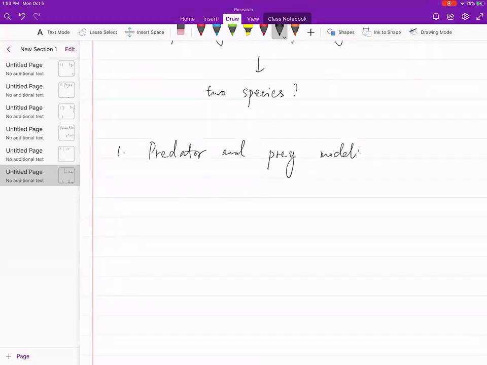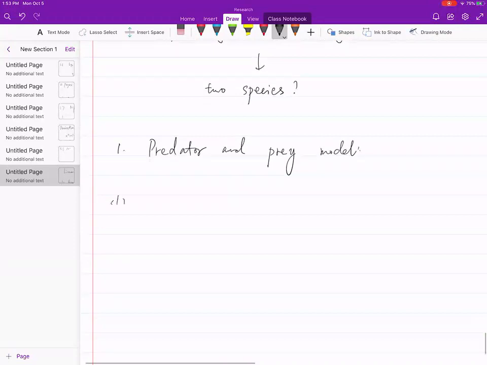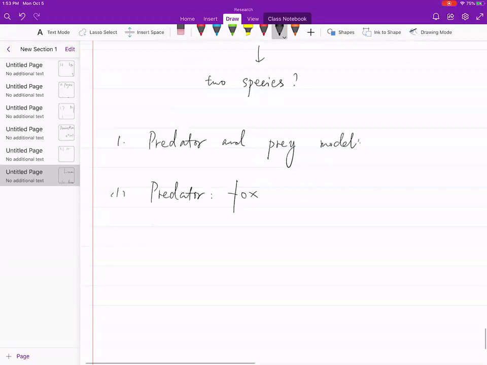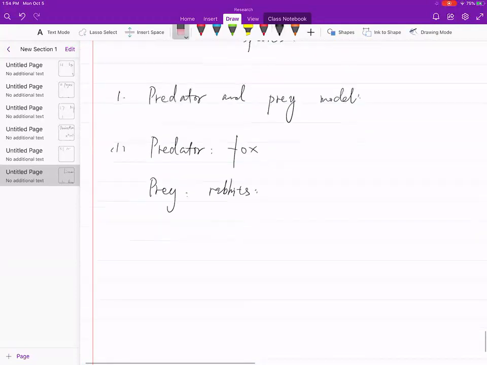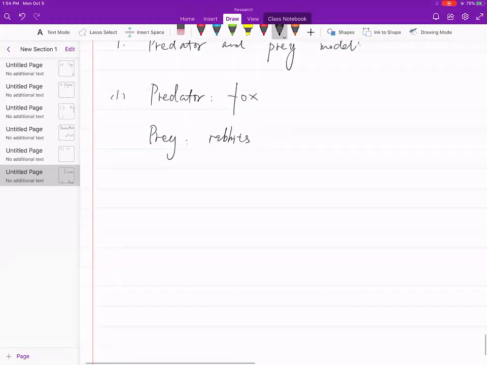We have 2 species, the predator. In our case, we call it the fox, and we have the prey, which is the rabbit. Okay, we call it F, we call it R. Now let's check the first easiest model.